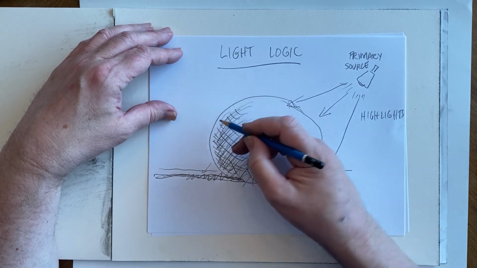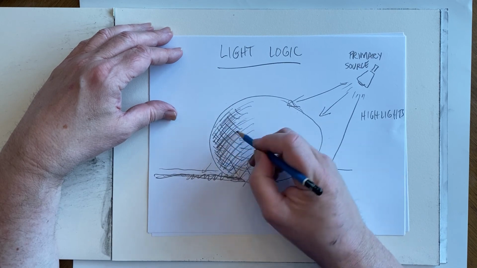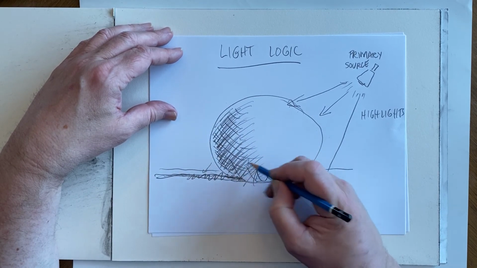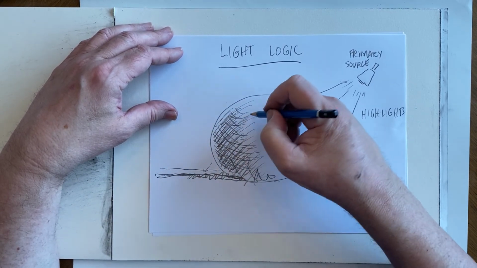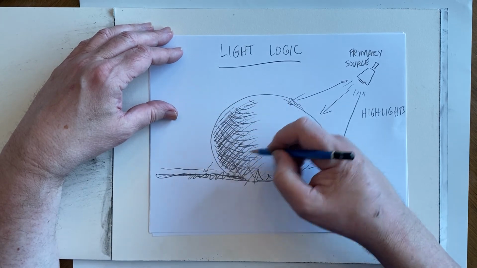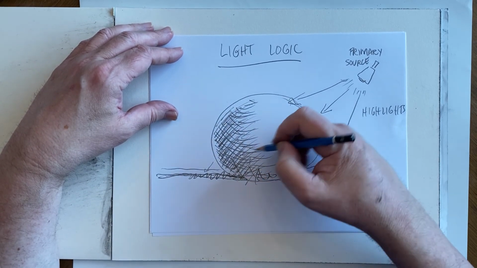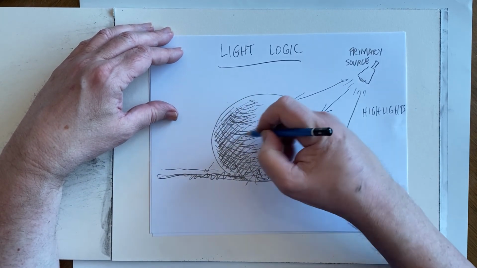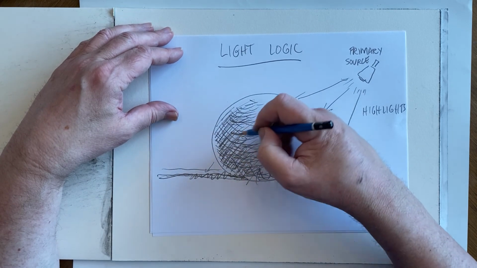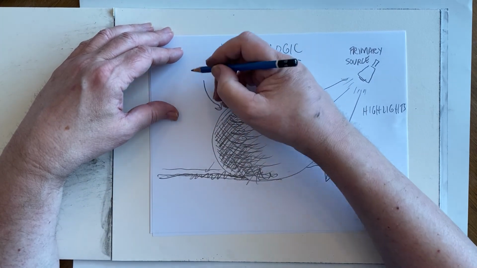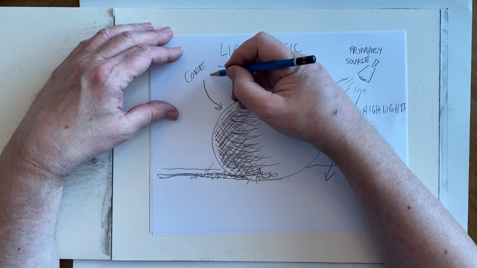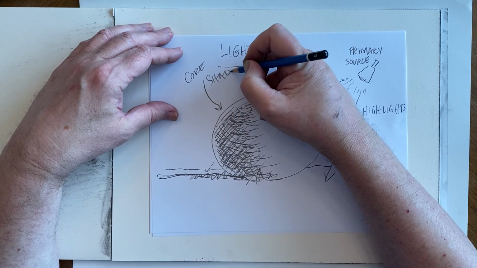It's where the light is blocked, is where shadows start to appear. So we've got these shadows showing up on the side and back of the sphere. The main darkest part of that would be called the core, or sometimes the crest shadow.